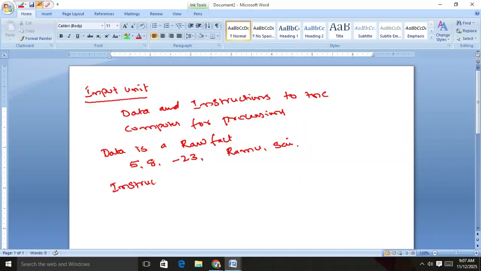The instruction means the operation to be performed on the data. So the instruction represents what kind of operation is to be performed on the data.